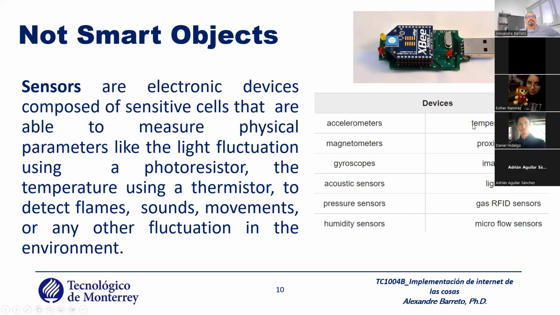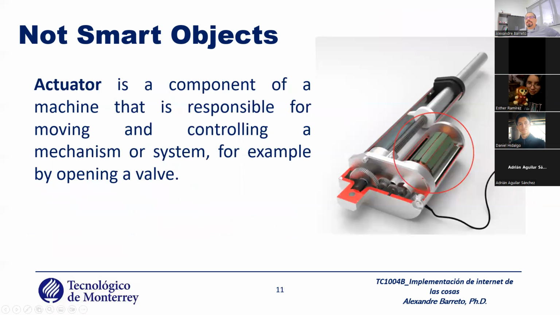Another device is an actuator. Okay, an actuator is a device that is part of a machine that is responsible for moving or controlling a system or mechanism. Okay, for example, open a valve, turn on, turn off. In other words, an actuator is an object that can receive commands from the internet.